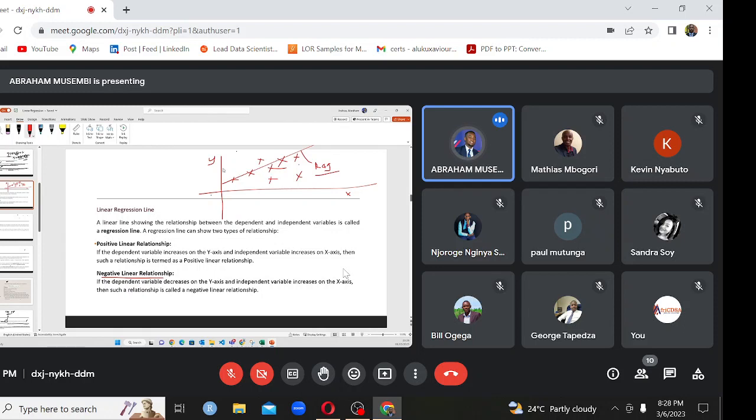Because you can see from the graph. Let's say this is 10, we have 20.